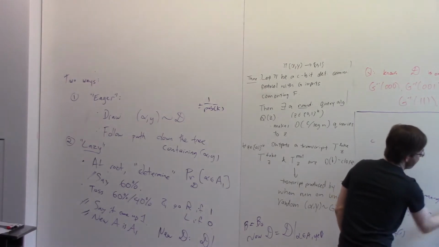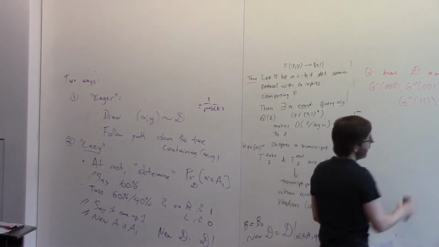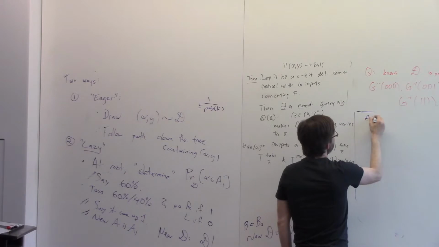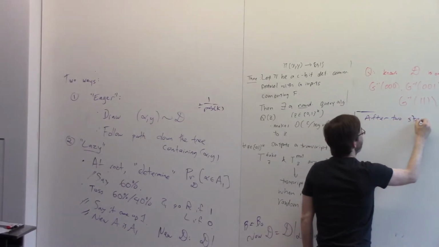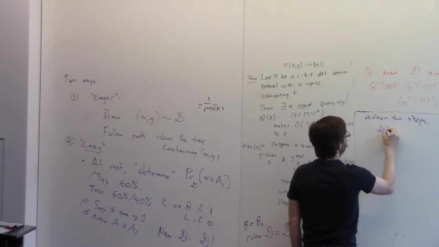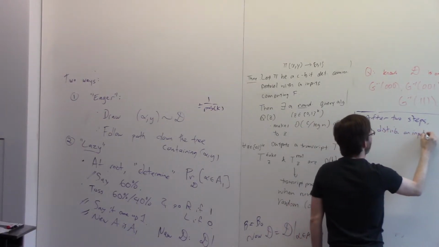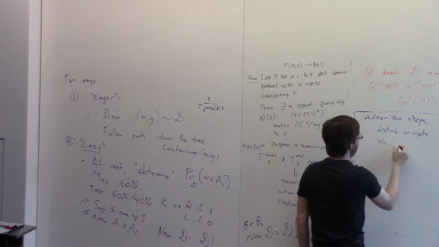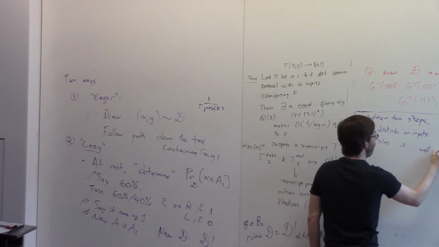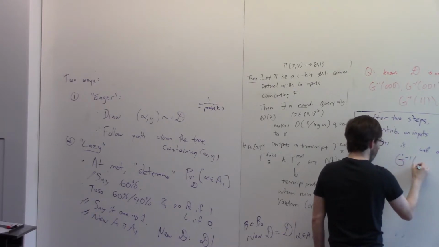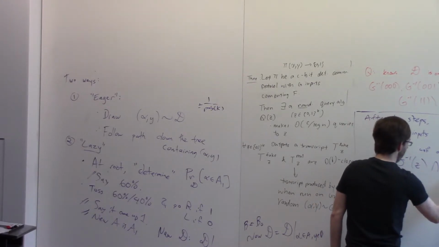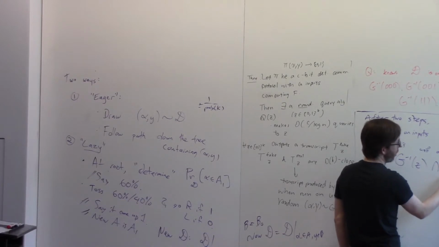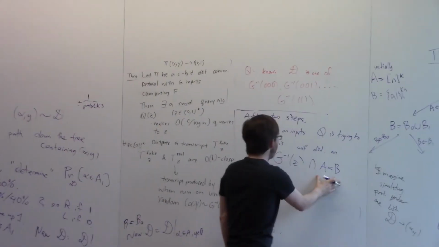let's say we simulated 2 steps, one for Alice and one for Bob. But now there's an A and a B that are not the original A and B. So let's say after 2 steps, the distribution on inputs Q is trying to simulate is the uniform distribution on G inverse Z intersect A cross B. We've kind of boiled it down to, okay, the true input we're going to imagine is going to be in A cross B. We already decided that correctly and safely, but we still don't know what Z is.